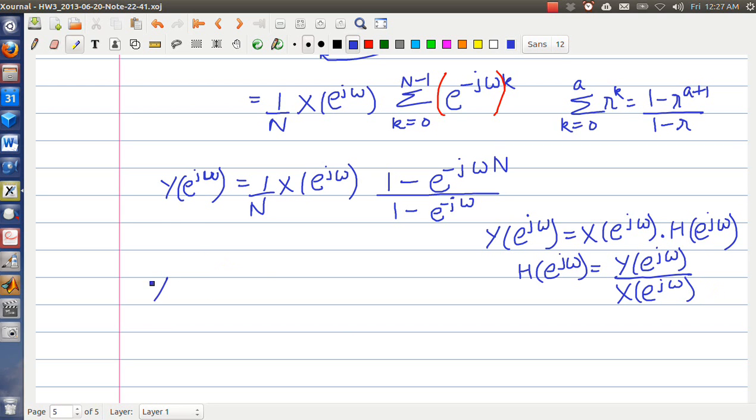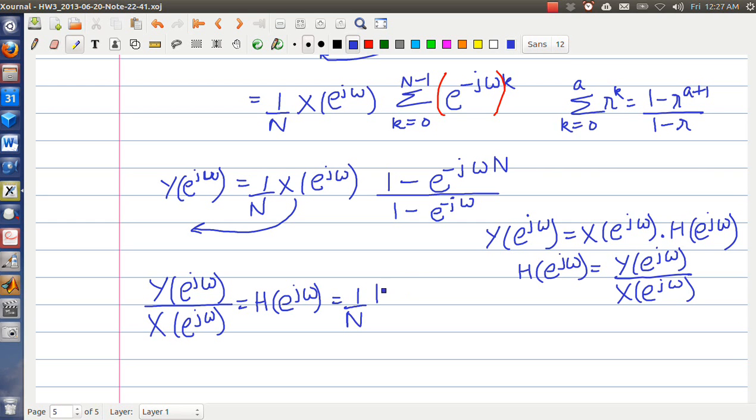So from here we get Y(e^{jω}), this going to the denominator, X(e^{jω}), that forms your Fourier transform, which would simply be 1 over N times 1 minus e^{-jωN} over 1 minus e^{-jω}. So we directly arrived at the system Fourier transform without ever having to find h of n. Although that could have been done for this problem, we didn't have to.